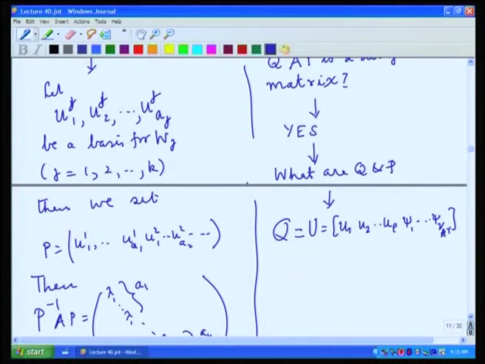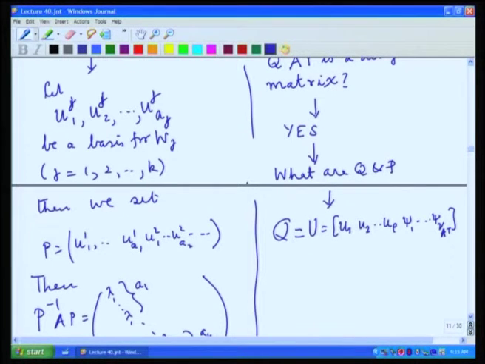Remember, the U1, U2, ..., U rho form the basis for the range of A, and psi 1, psi 2, ..., psi nu form the basis for the range of A transpose. Since we are in the square matrix case, M equal to n, so rho plus nu will be n, and therefore, this will be an n by n matrix.